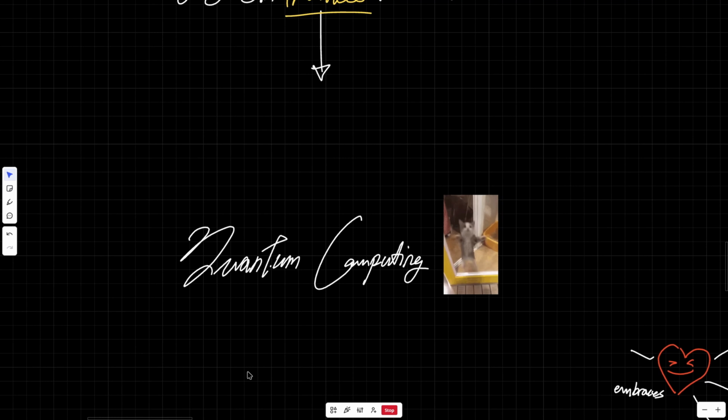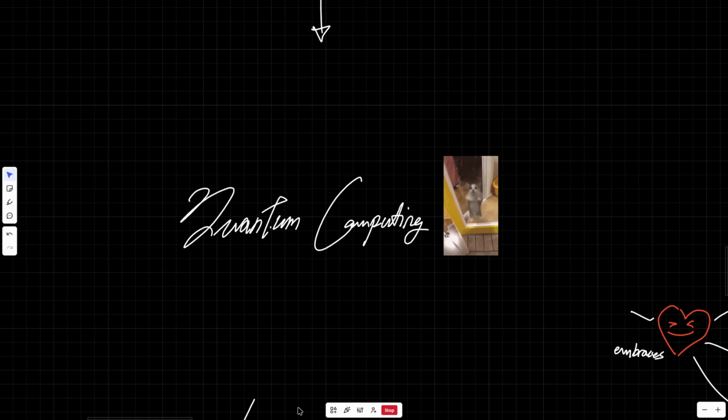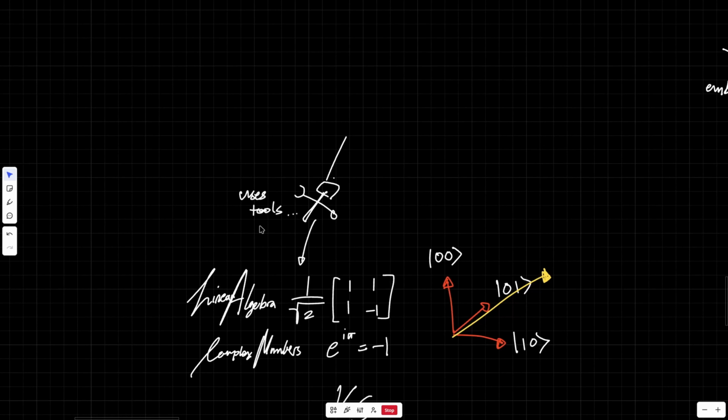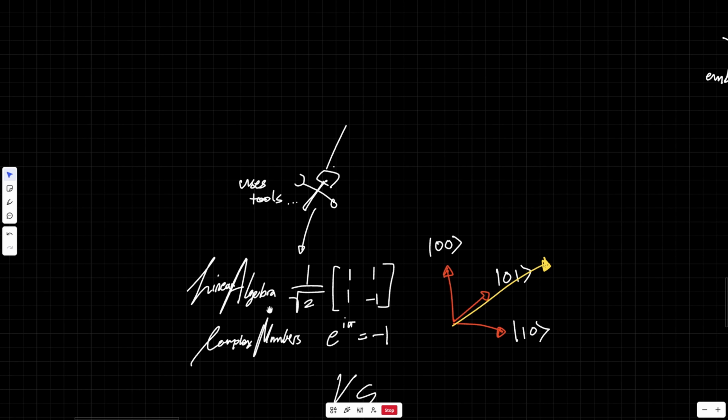While a lot of algorithms were able to leverage these three quantum phenomena, the real power comes from the fact that quantum algorithms use linear algebra and complex vector spaces in order to search for new, novel ways to approach solutions.